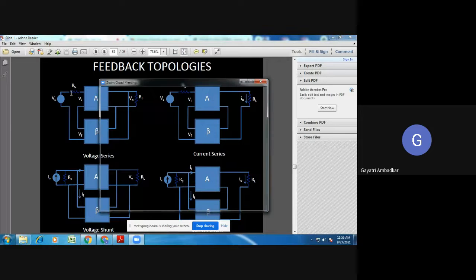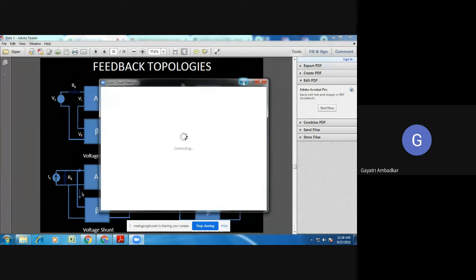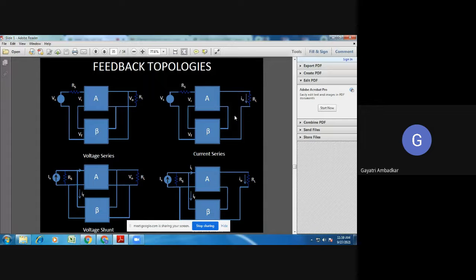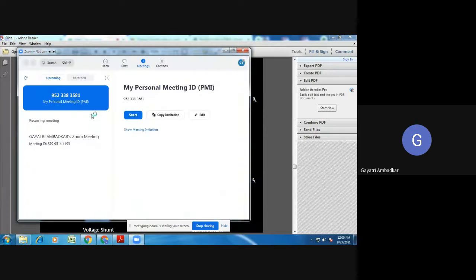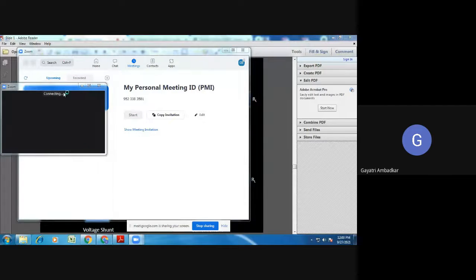So what are different types of sampling? Sampling depends on whether you are sampling voltage or current. So depending on that, there are two types of sampling: voltage sampling and current sampling. When you sample voltage, look here, I'm showing on the cursor. When you sample voltage here or here, in these two figures, what happens?